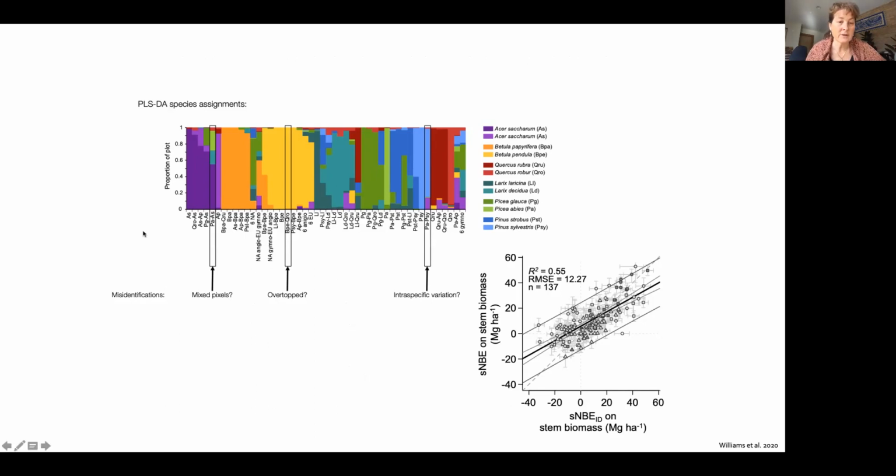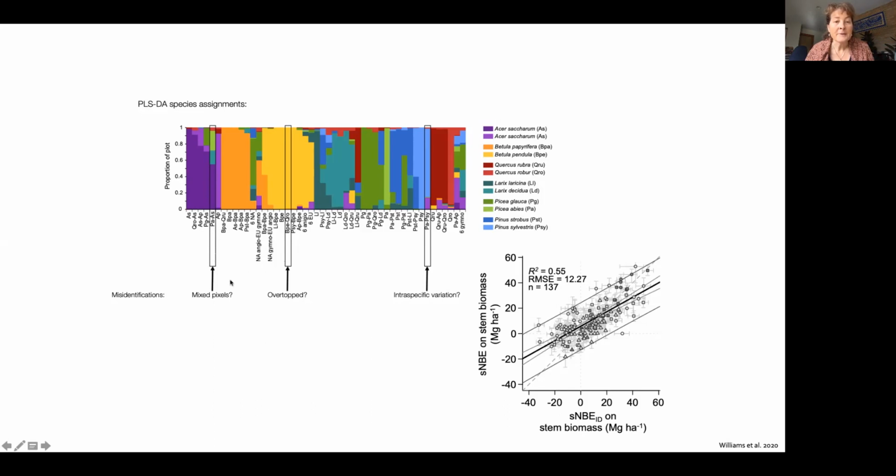And so this is just showing how she was able to detect individual species in monocultures based on the spectral library, and able to detect combinations of species when they were growing together. And there were some errors. Birch was good at overtopping its neighbors, and so you couldn't see them, and so those kinds of errors occurred.